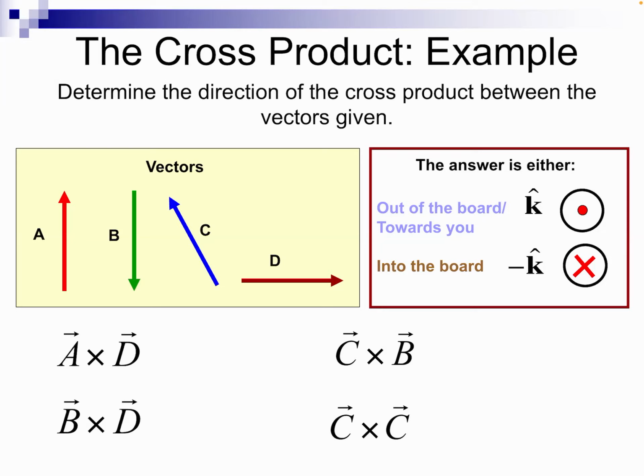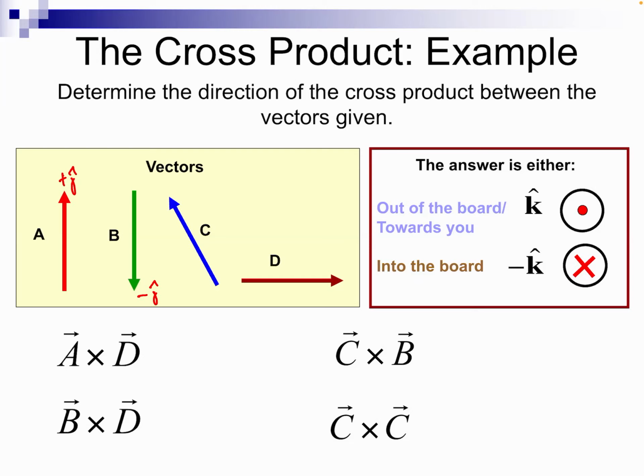Okay, A here is plus J hat. B is minus J hat. C is a diagonal vector, so we should expect that it will have some components.